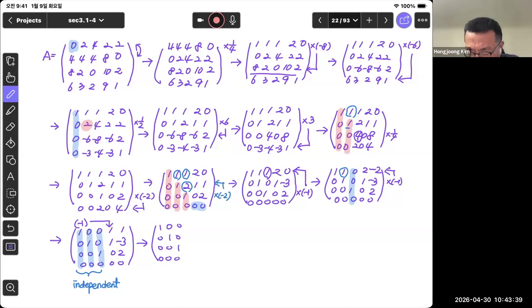But if I multiply negative 1 to the first column and then add it to the fourth column, this 1 in the first row becomes a 0, and all the others are not changed. And then if I multiply negative 1 to the first column again, and then add it to the fourth column, then this 1 will become 0, while the others are not changed.